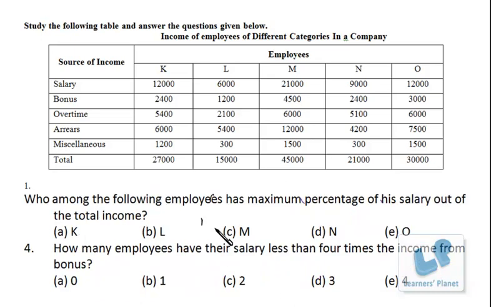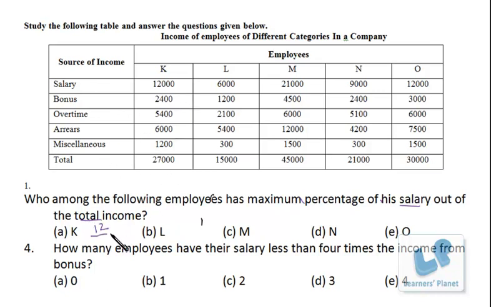Now further, who among the following employees has maximum percentage of his salary out of total income? Further, salary by total income. In all these questions, we just have to compare the fractions. So I hope after completion of 4-5 problems, you'll be able to compare the fractions easily, right? Now, salary by total income. In the case of this, salary is 12,000 and the total income is 27,000.